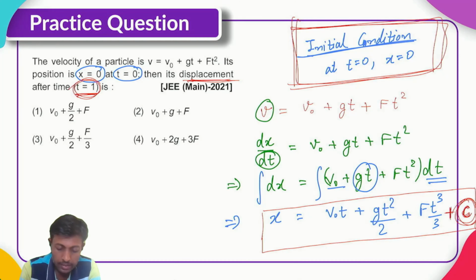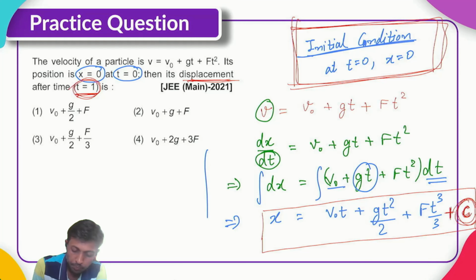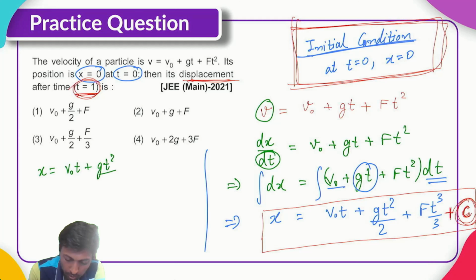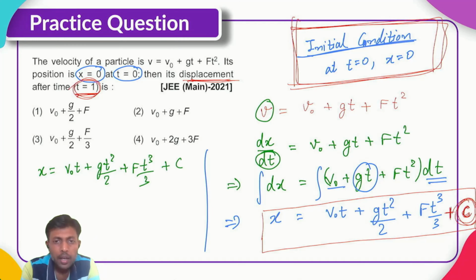All right, so let's do that. We know x is equal to v naught t plus gt square by 2 plus ft cubed by 3 plus that constant c. And the initial condition says that if I put the value of time t as 0, I should get x also as 0.